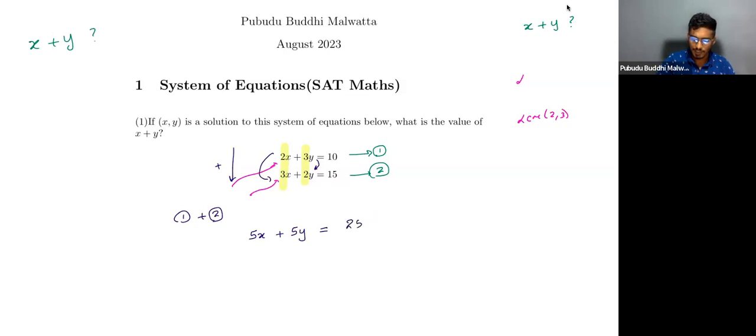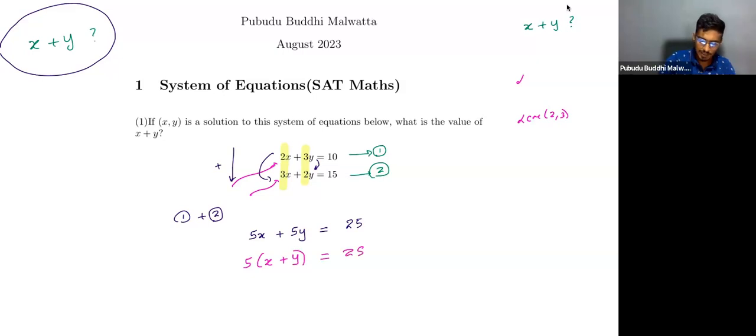But I need x plus y. We can take 5 out as a common factor because I want to create x plus y. So let me take 5 out, 5 times (x plus y). Then the key here is identifying this whole thing as a single term, like q, right?